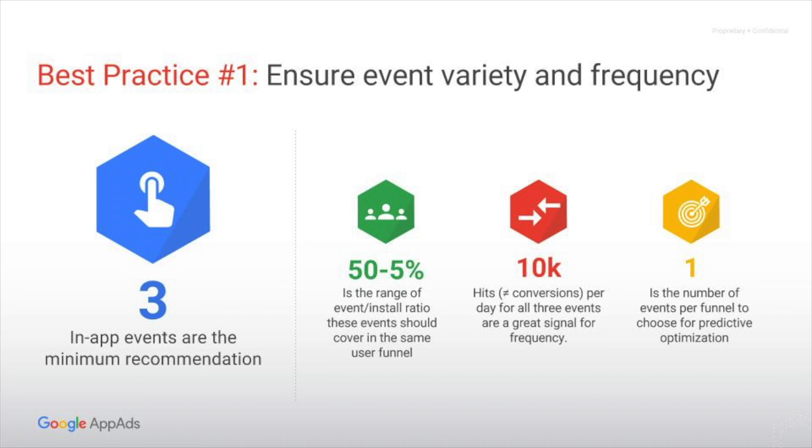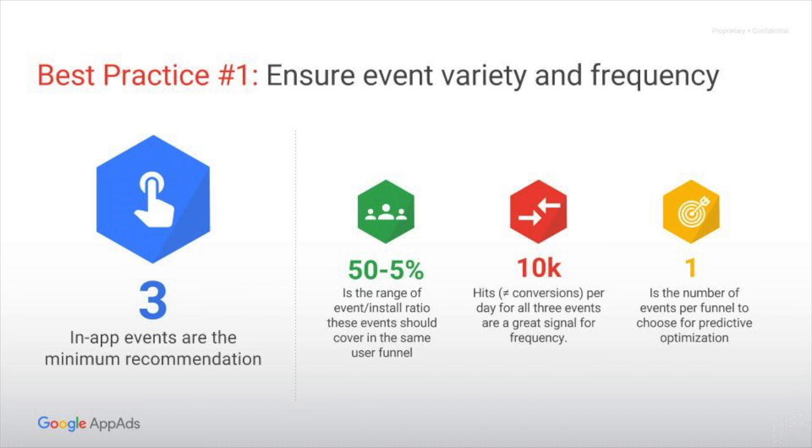So there's 2 important things when choosing which in-app events you want to report to AdWords for optimization. The 2 things are variety and frequency. So you might feel that you have only one app goal, like an in-app purchase, but we really encourage you to send some intermediate events for reaching that goal to AdWords, because that really helps us with our optimization.